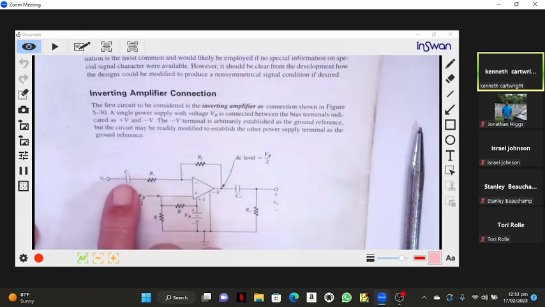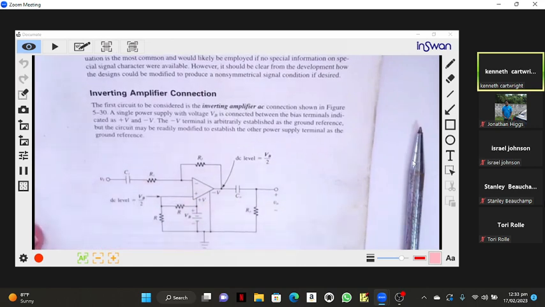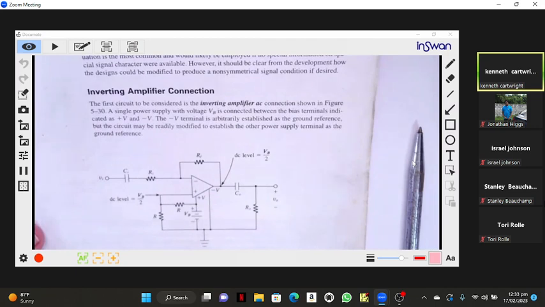Let's go back here. We said we wanted the reactance of this to be low. What do we mean by low? Low compared to what?